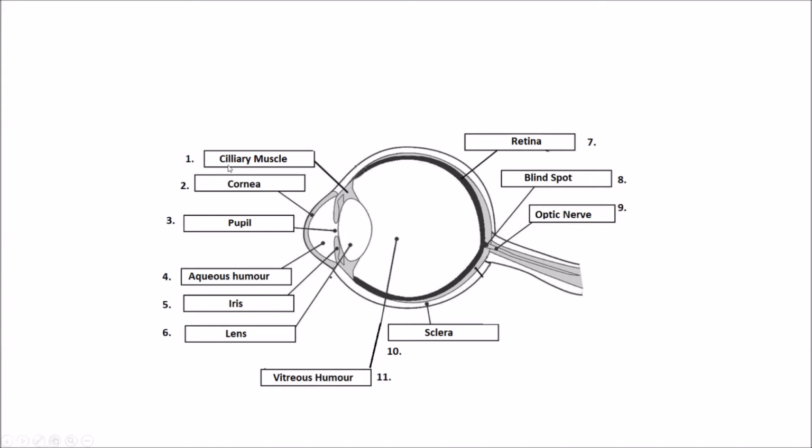We also talked about the ciliary muscles, which are used to change the shape of the lens, and that's going to help the lens to focus this light towards the back of the eye. Okay, so that's the blind spot, sclera, ciliary muscle, optic nerve. Okay, I think that covers just about all the parts of the eye that you guys need to know.